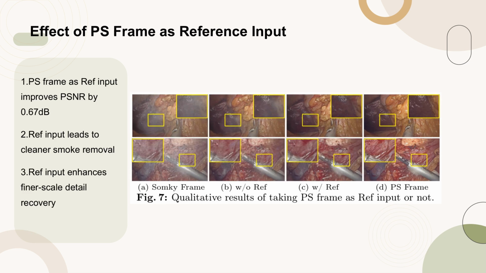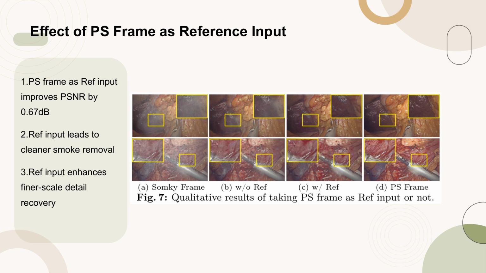Figure 7 illustrates the qualitative results of using the PS frame as a reference, ref, input in the desmoking process. The figure compares the outcomes of the process with and without the ref input. The inclusion of the PS frame as a ref input results in a significant improvement in the quality of the desmoking process, as evidenced by a 0.67 dB increase in PSNR.